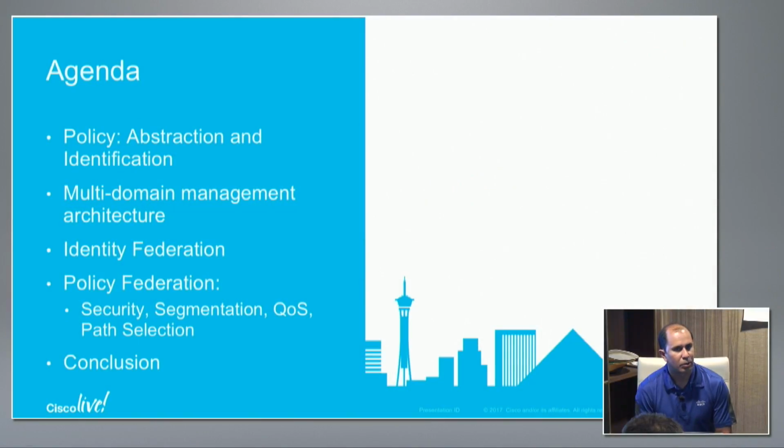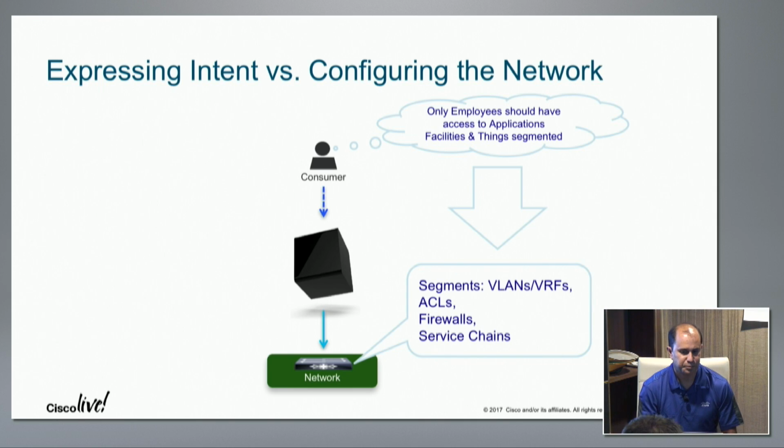To that effect, we'll talk a little bit about what we mean by abstraction and identification in the policy domain. We will talk about an architecture that can accommodate this multitude of domains and what our journey is. So we're going to take this in phases, and I'll walk you through those phases, and hopefully this gives you a clear picture of what we're trying to do in the space.